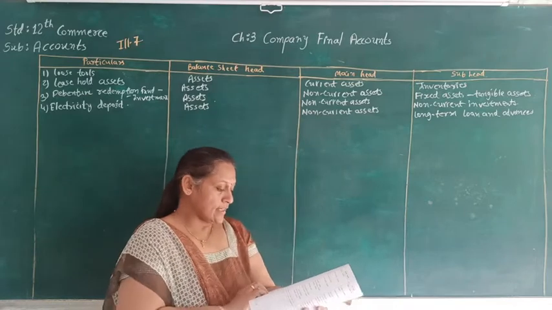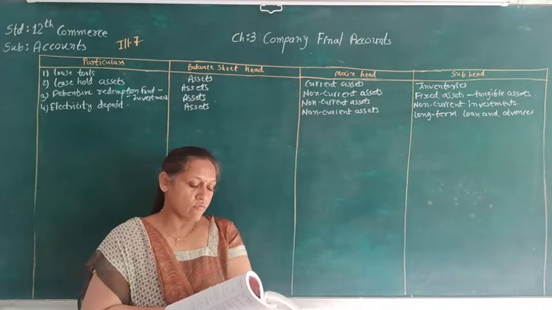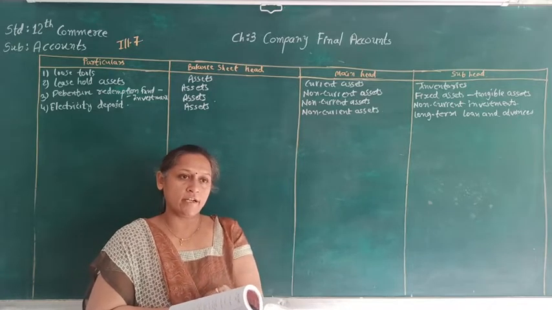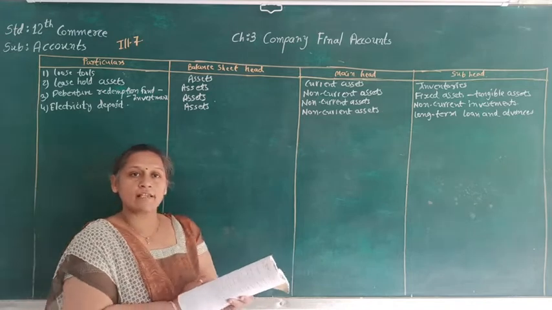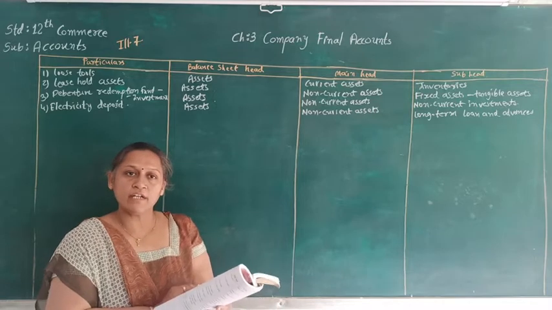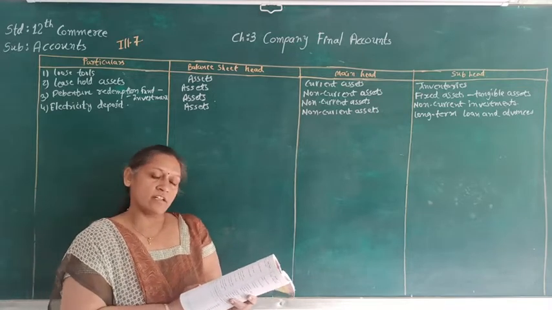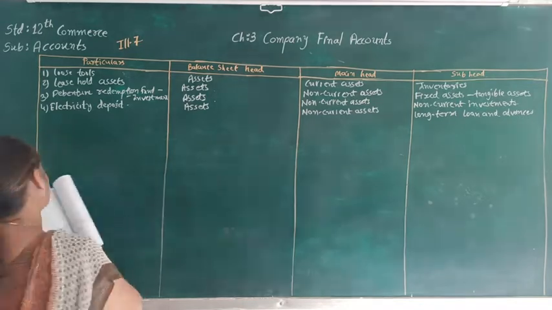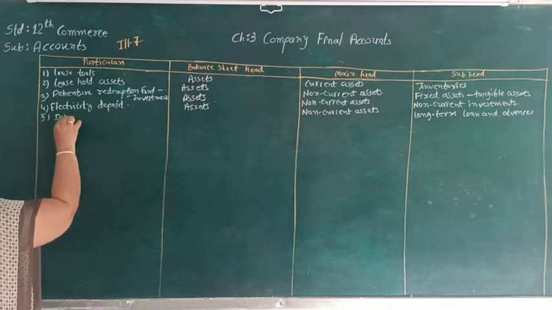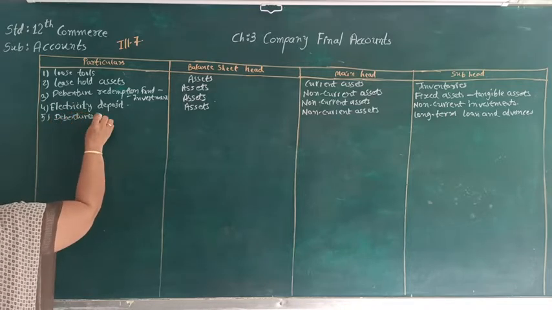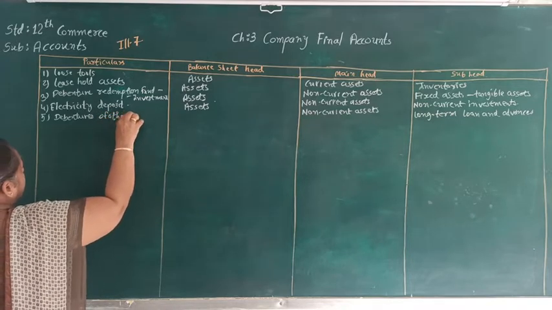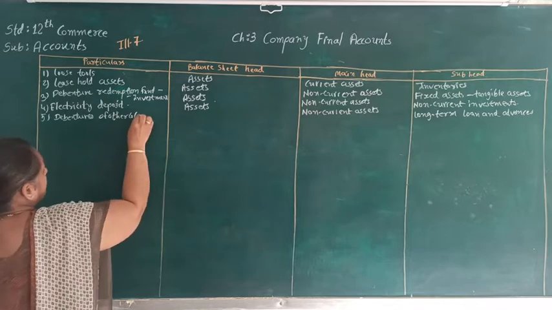Again, let's see. Next is debenture of other company, and it is redeemable during the next year. So it will be shown as a current asset, in current investment, as we have to redeem it during the next year.